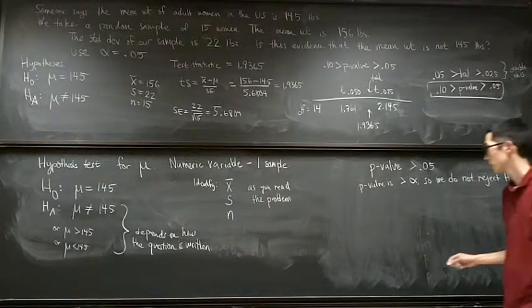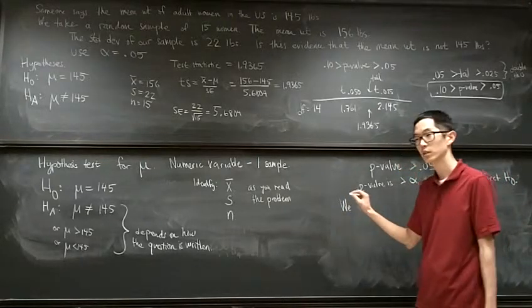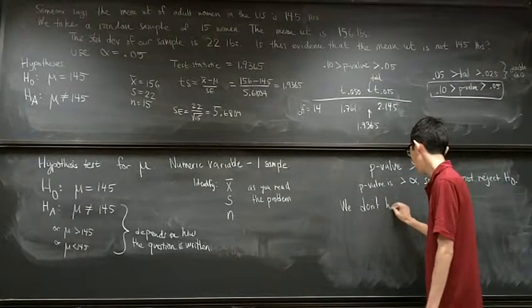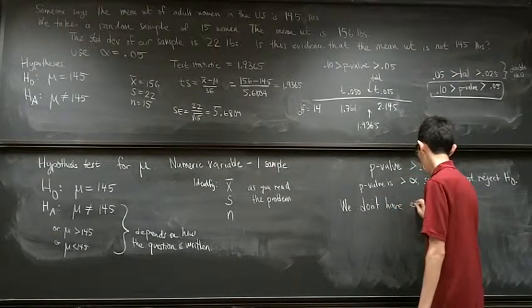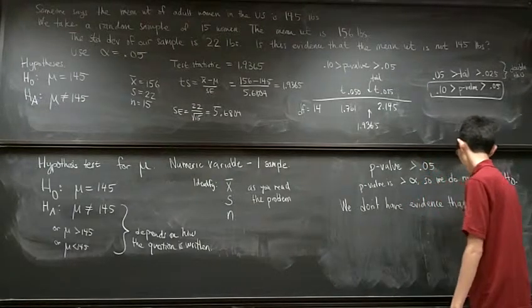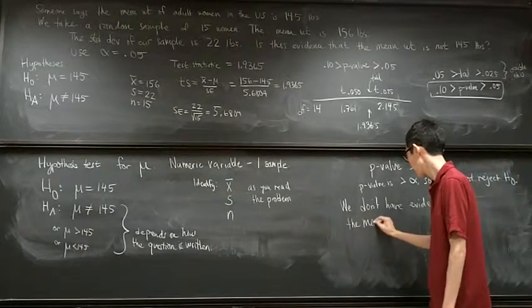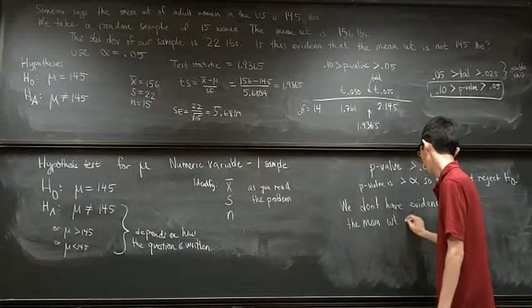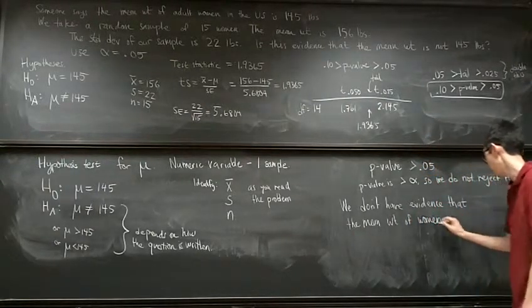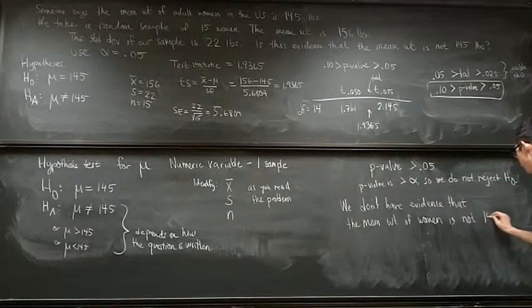We would say we have evidence or we don't have evidence of what? We don't have evidence that the mean weight of women is not 145.